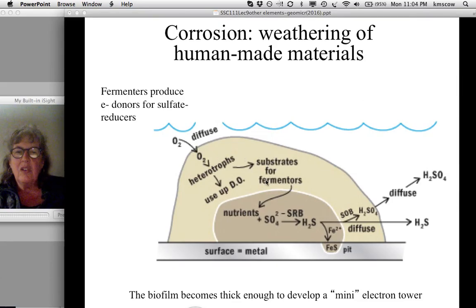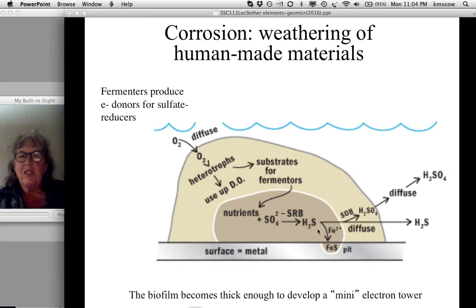And then nitrate and iron, if they're present, would be used. But as you go closer to the surface, underneath this thick biofilm, that's where you're going to see the sulfur used as an electron acceptor. And that sulfur is going to be reduced to H2S.